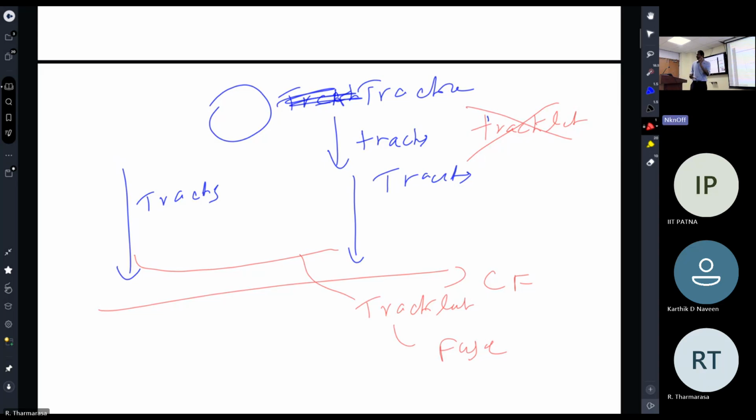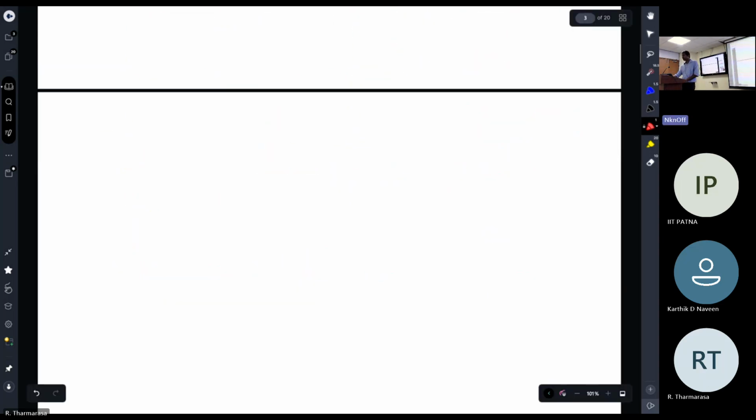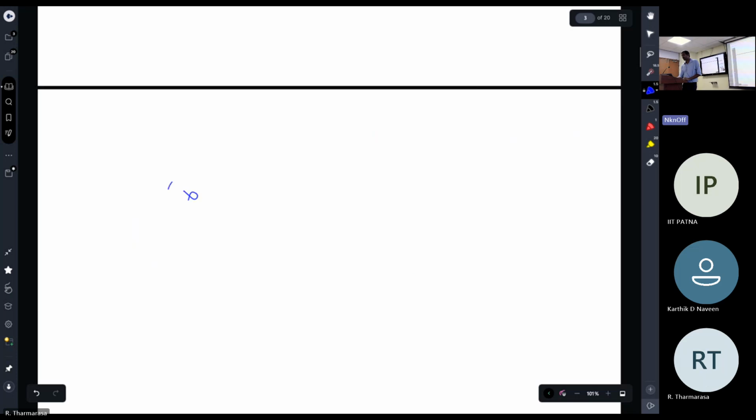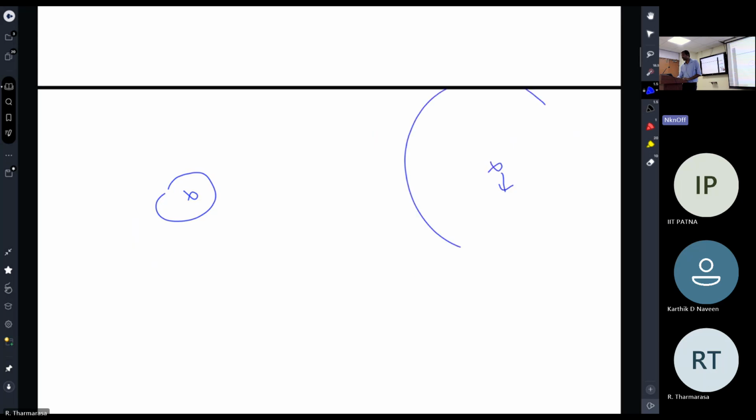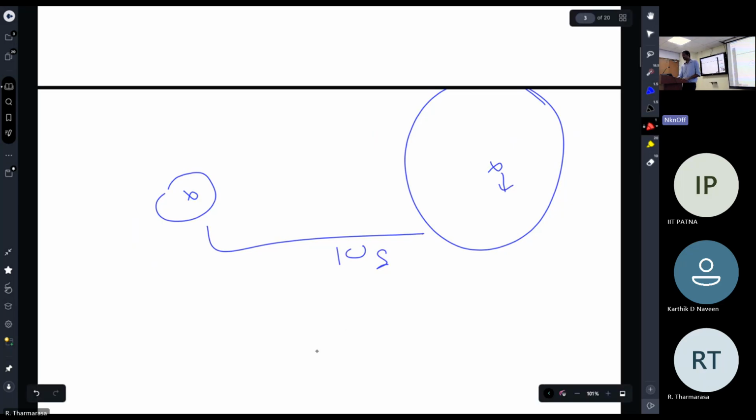Or if you think this way, for example, you have a covariance like this, and you are communicating here. So the predicted covariance, we simply predict. So this is 10 seconds. If you simply predict, it will be like that. But with the tracker, by doing tracking, you get something like this.